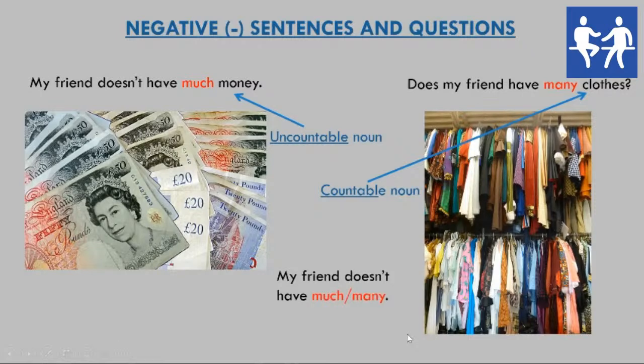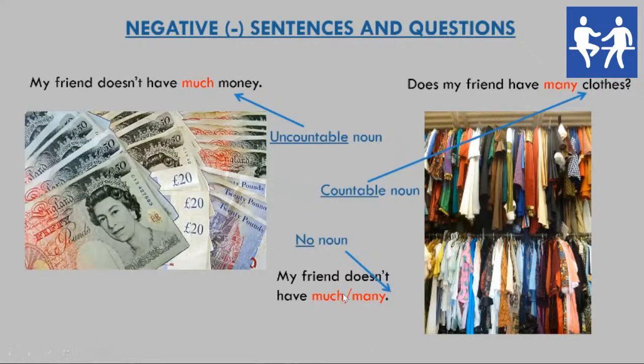And if we don't want to use the noun, if we already know what we're talking about, we just end our sentence with much or many. It does matter whether the noun we were originally talking about was countable or not.